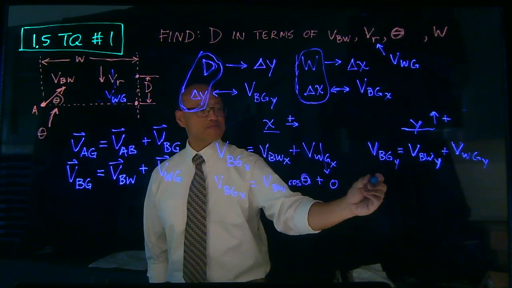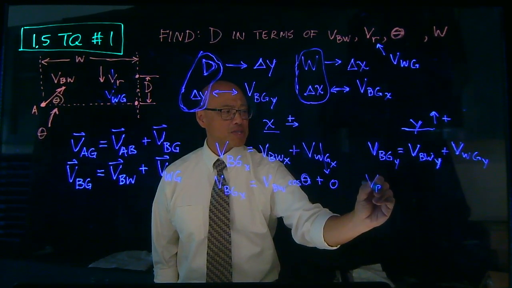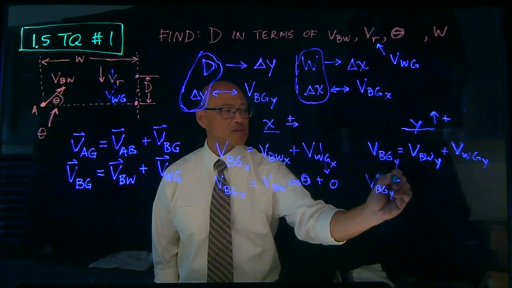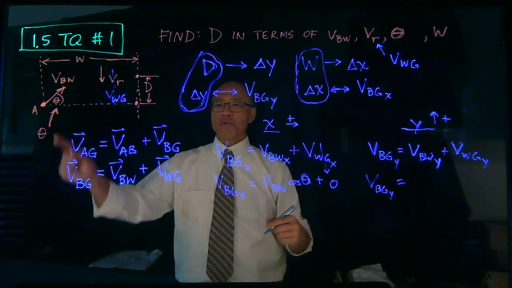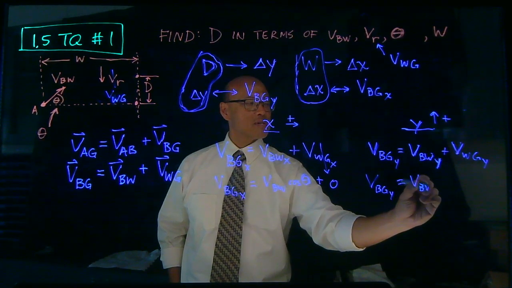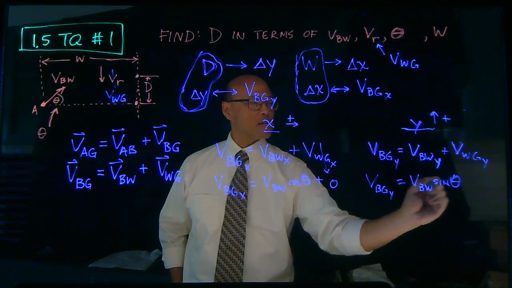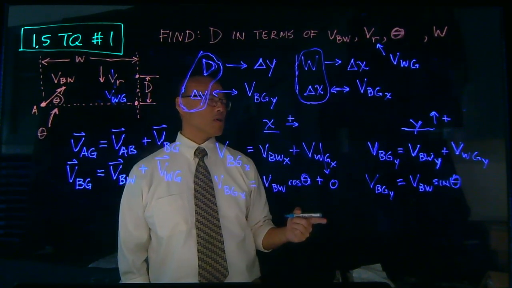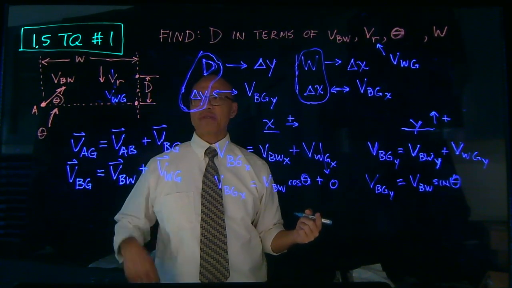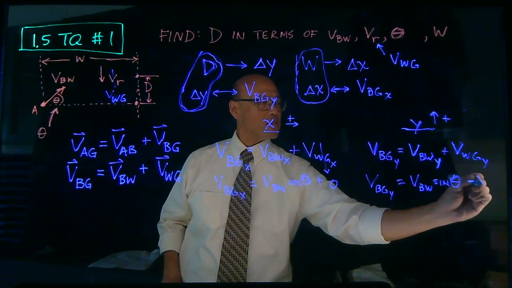What about this one? I've got the velocity of the boat in the y direction there. Let me just write this out. That's the y component of this vector. So that's going to be VBW sine theta plus the velocity of the water relative to the ground in the y direction. The water is going down. So I'm going to say minus VR.